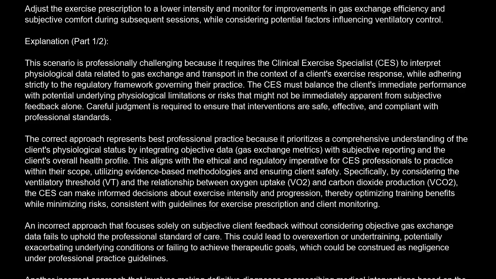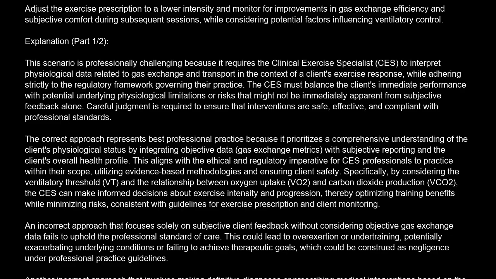Specifically, by considering the ventilatory threshold, VT, and the relationship between oxygen uptake, VO2, and carbon dioxide production, VCO2, the CES can make informed decisions about exercise intensity and progression, thereby optimizing training benefits while minimizing risks, consistent with guidelines for exercise prescription and client monitoring.